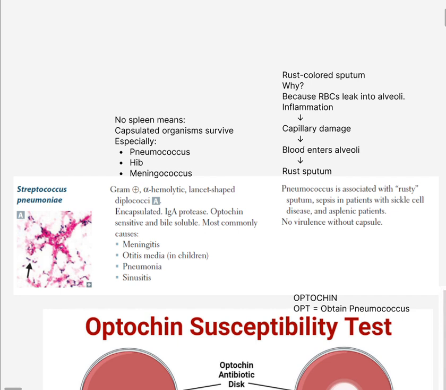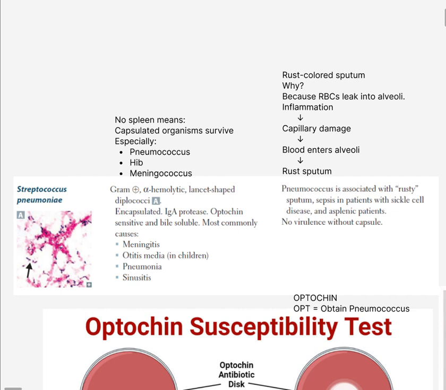Now, for pneumococcus lab findings, we saw that it was gram positive. It was a cocci. It was alpha hemolytic. We saw it was lancet shaped.